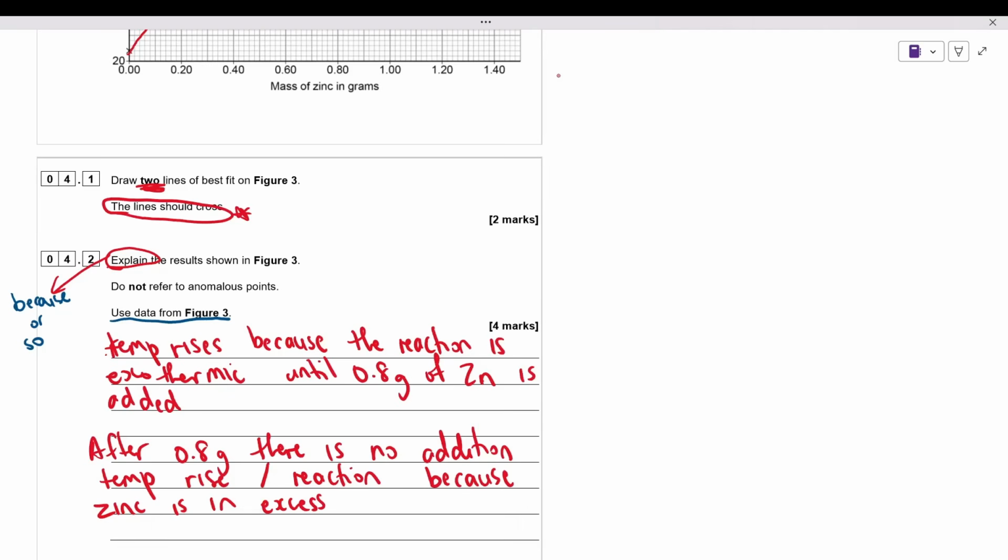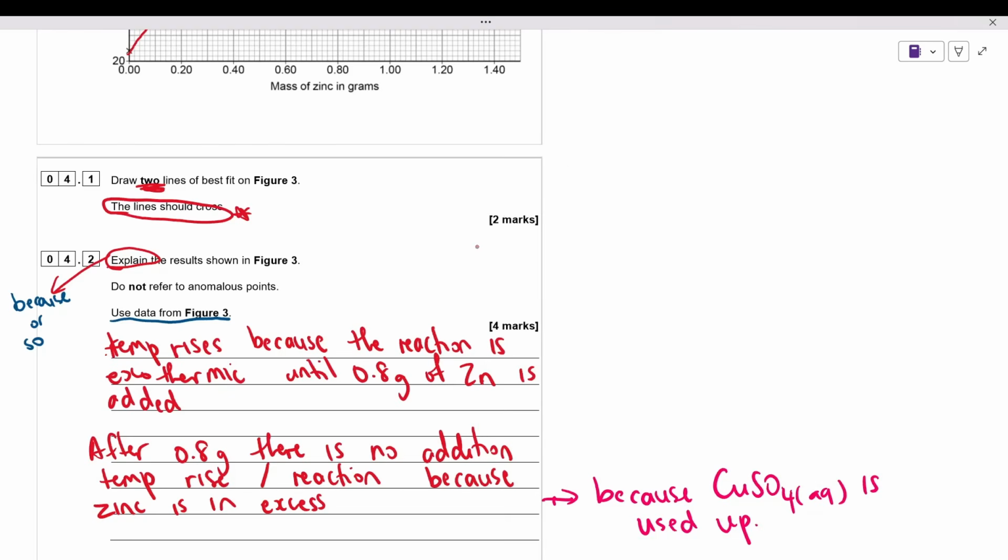You could also write that it's because the copper sulfate solution was all used up. Because once this happens, it means that no more reaction will be taking place. The temperature will no longer be increasing any further. The reaction has completely stopped. Okay, so that is our question 4.2.